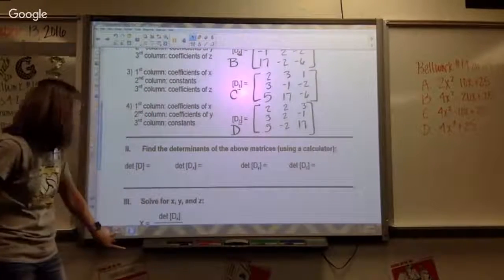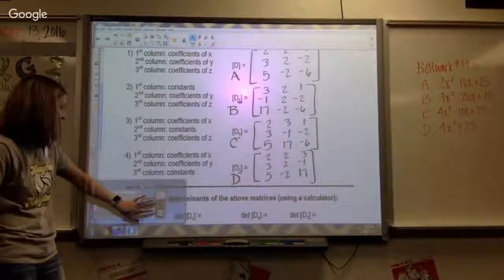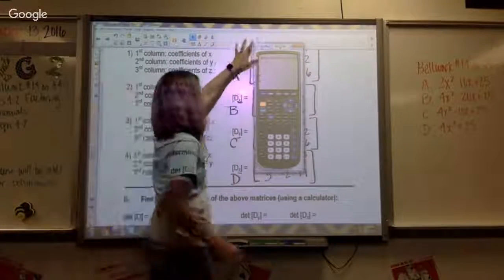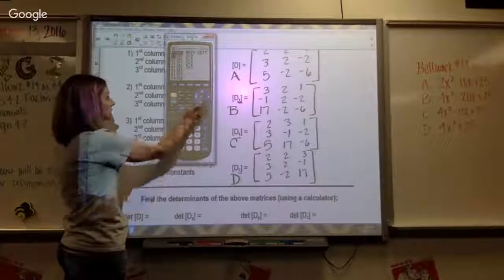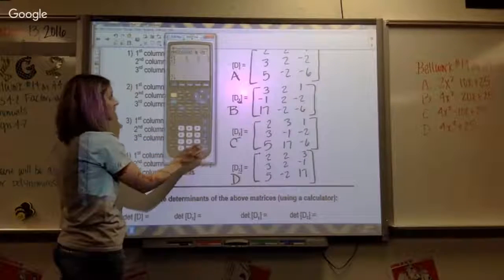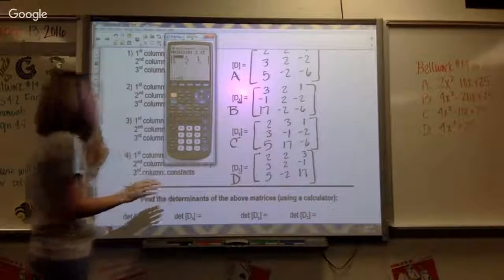All right, so remember to enter a matrix on the calculator. You do second matrix, go to edit. I'm going to type this first one into matrix A. It's a 3 by 3.